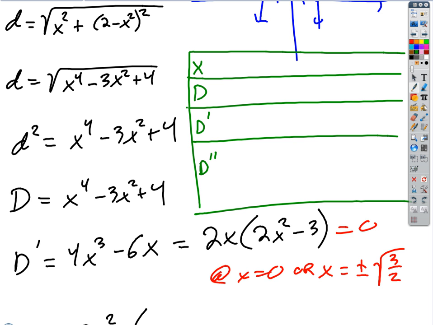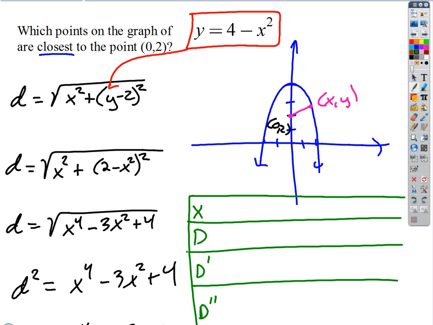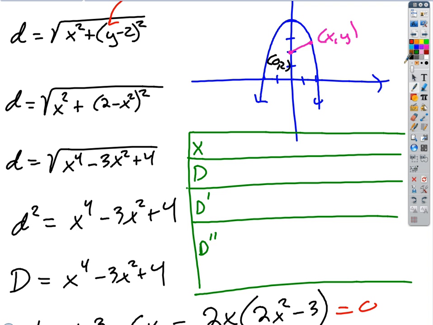No, none, right? And why would there be? My x and y, this probably goes forever, right? Yeah. So there aren't any constraints. I got critical numbers at negative square root of 3/2, positive square root of 3/2, and 0.